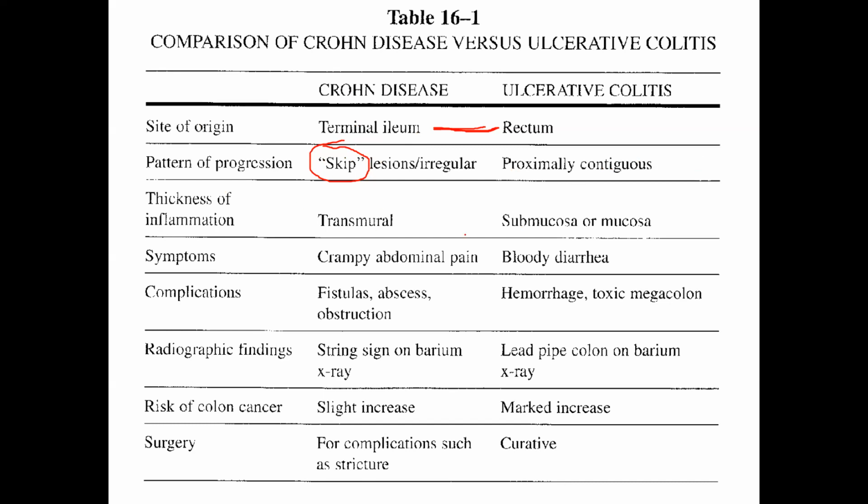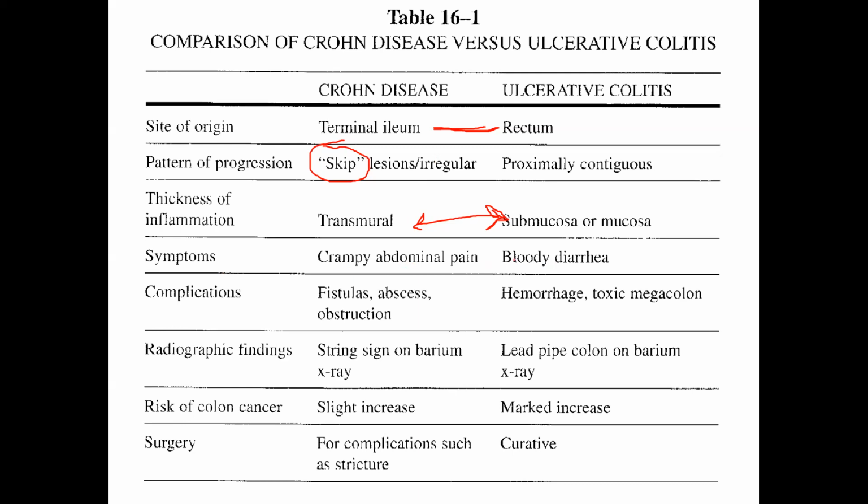When it comes to thickness of inflammation, this is also an area where we can see it go either direction. But if they make you sit in a corner, Crohn's tends to be more transmural. UC tends to be more submucosal or mucosal. Can they both go through all the layers? Sure, they can. I'm just saying if we have to pick sides.